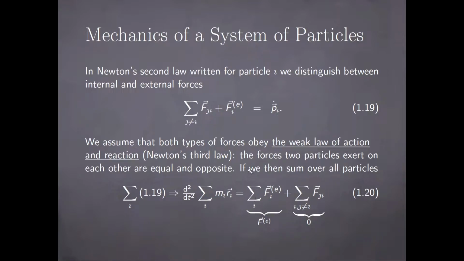This has to be equal, on one hand, to a sum over all of the external forces, which amounts to the total external force being applied to the system, and a sum over internal forces added up for each particle. So it is essentially a double sum, or a sum over pairs of forces, and this must be equal to zero by virtue of the fact that these forces are assumed to obey Newton's third law.